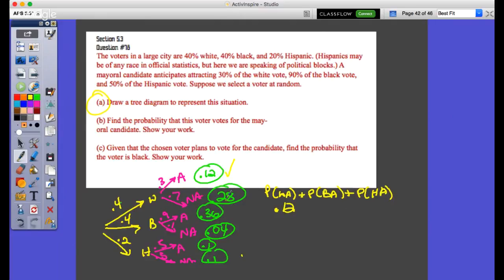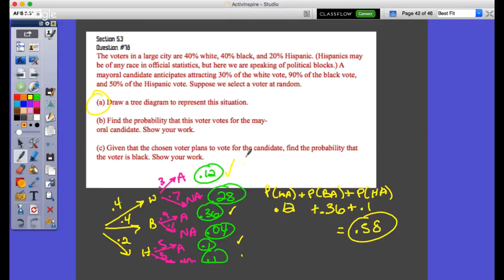So we would just add 0.12 plus 0.36 plus 0.1. This is the percentage of people that would be attracted or vote for this candidate. So that'd be 0.58, I believe it is. 0.58 would be that probability.